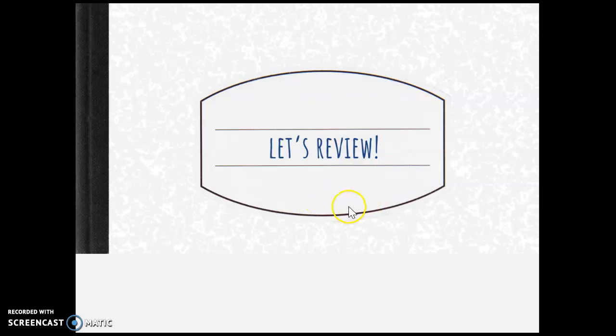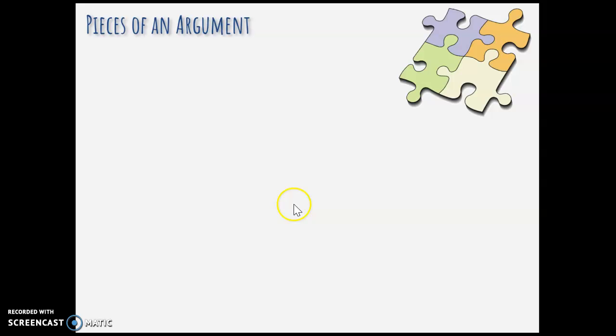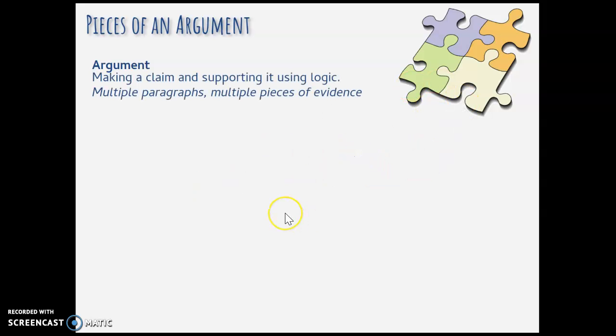So to start, let's review. Our pieces of an argument, if you'll remember, this is kind of like a murder mystery. First of all, we have our argument, which is making a claim and supporting it using logic and evidence, rather than in a persuasive one where you're using your opinion and feelings. This one, again, is that logic and evidence.